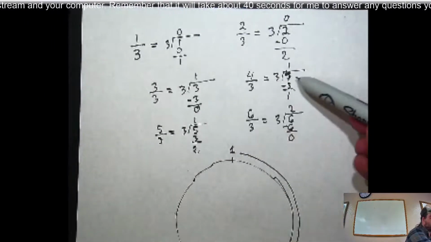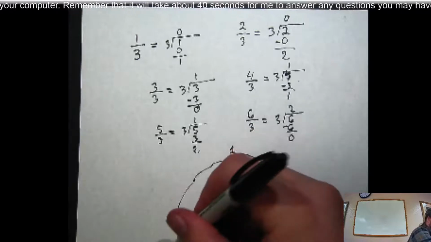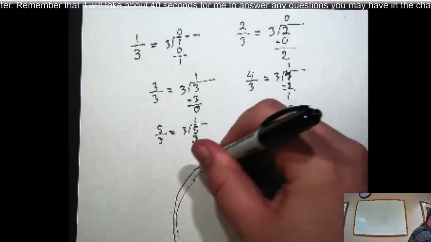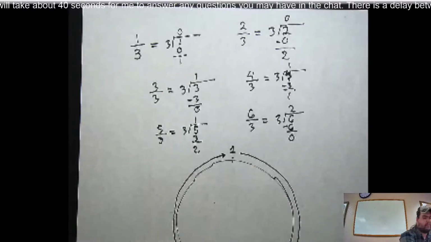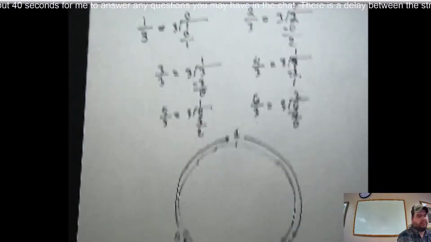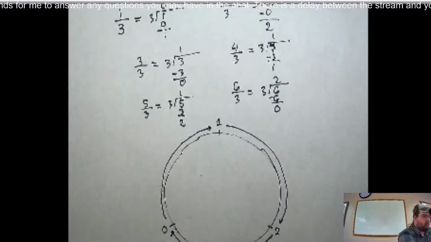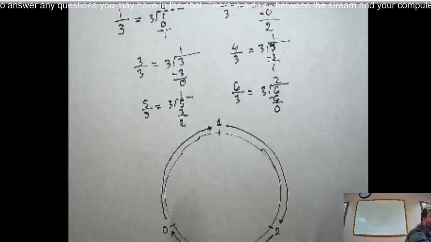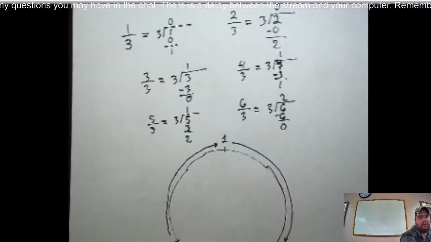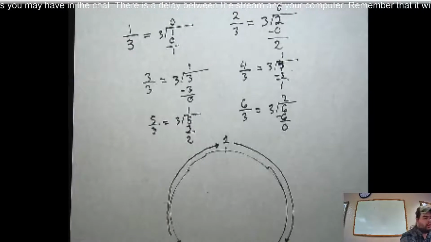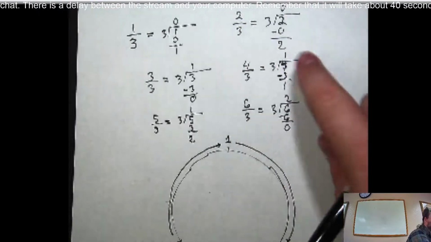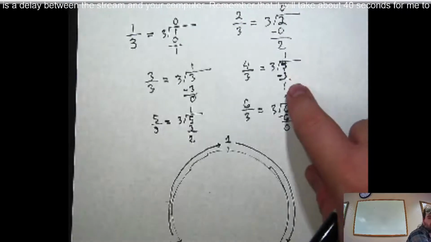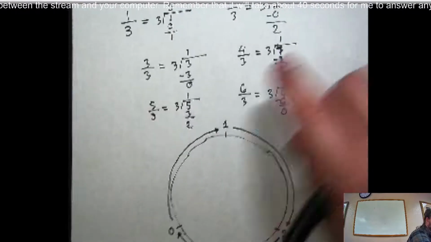And then 4 is a remainder of 1, so it goes back over here. And I want you to notice something. We've gone around the circle 1 entire time. Right? So this tells us how many times we've gone and what position.